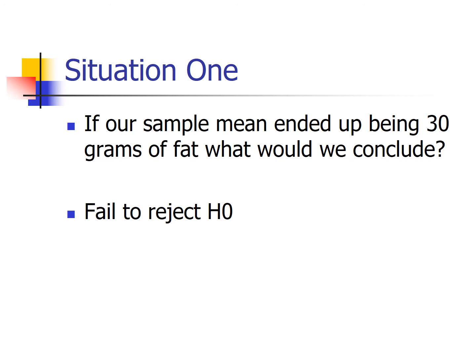In fact, this so strongly supports McDonald's claim of 30 grams of fat on average, that I might almost suspect foul play, right? Maybe some sort of Watergate-esque type scandal that may or may not, say, involve the nefarious Hamburglar. But, if we could rule out foul play, this strongly supports the null hypothesis. Hence, our conclusion should be that we failed to reject the null hypothesis.